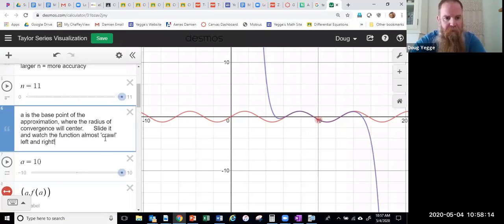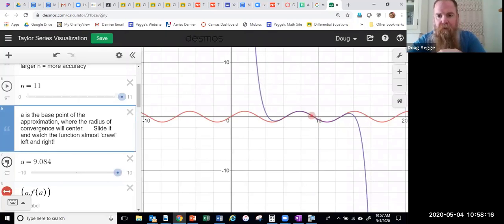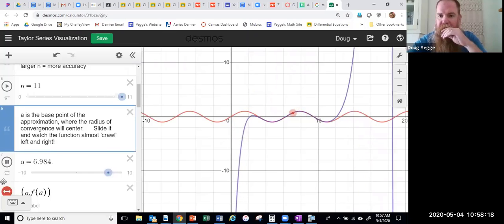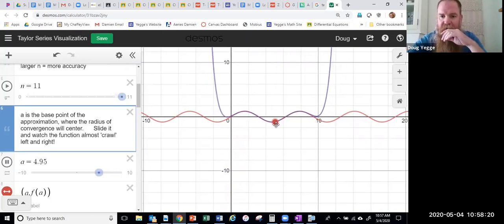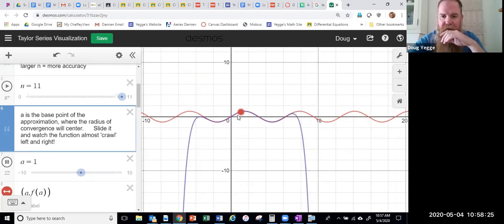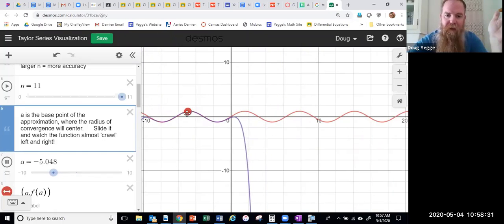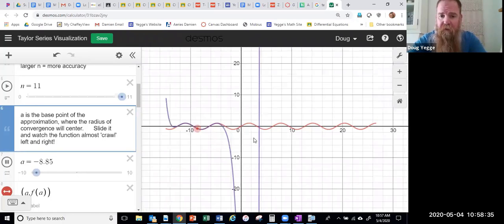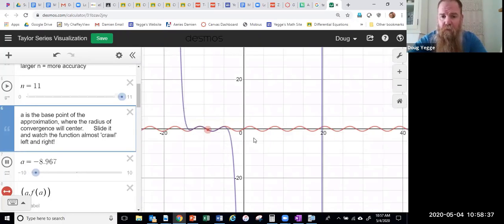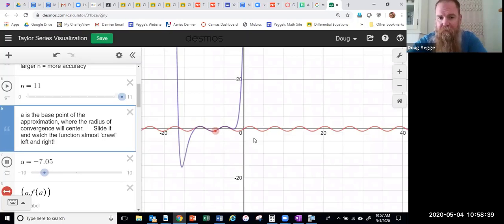Okay, and play that again. As my point is centered at this particular location, I'm spreading out the distance in both directions, and all that's happening is I'm getting brand new polynomials, depending on what location I'm at.